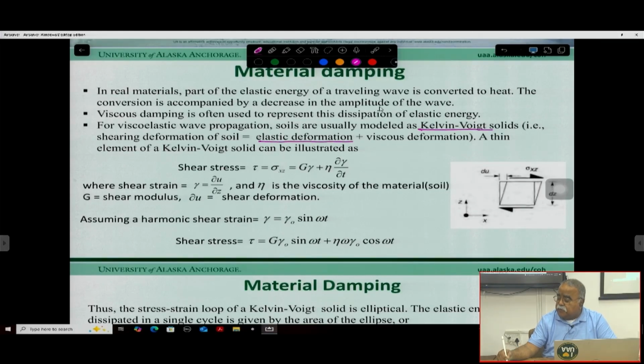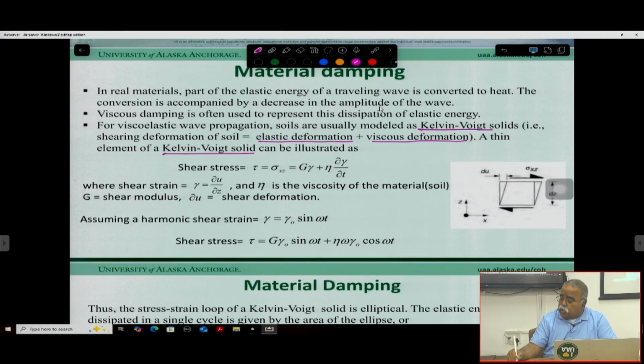Any soil material will have an elastic deformation, plus there is a viscous deformation, right? Because the soil has some water and all these things. So in addition to the elastic deformation, soil also undergoes viscous deformation. That is why we call the soil a Kelvin-Voigt solid, right?